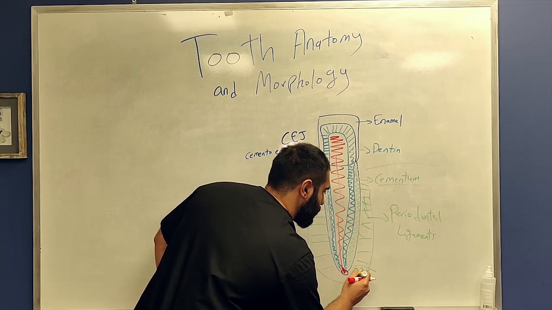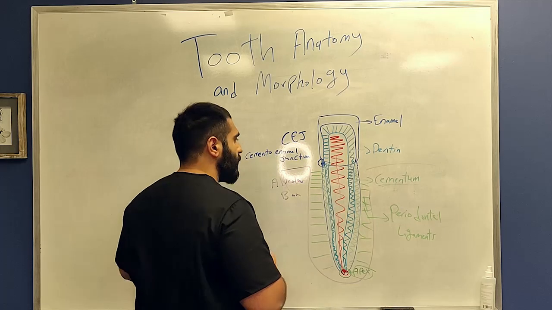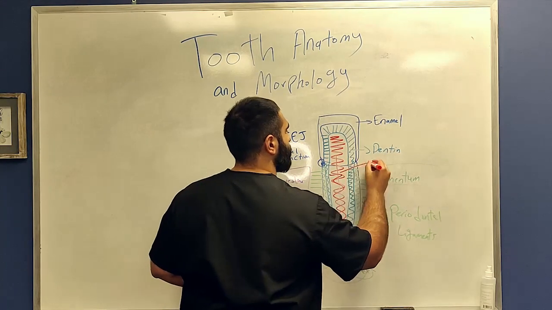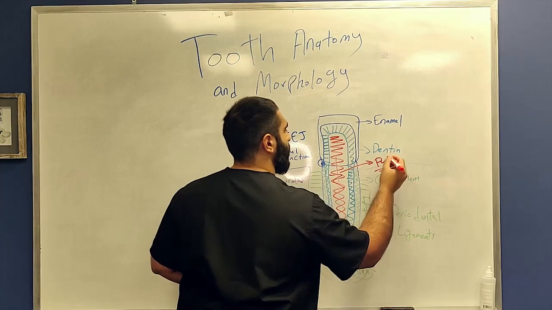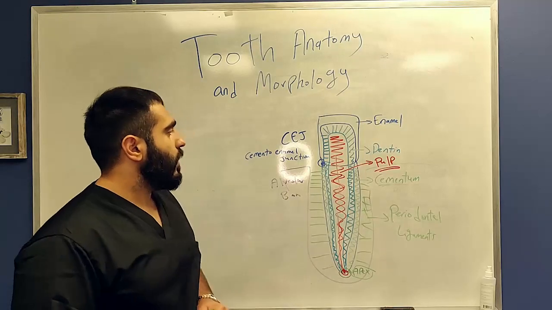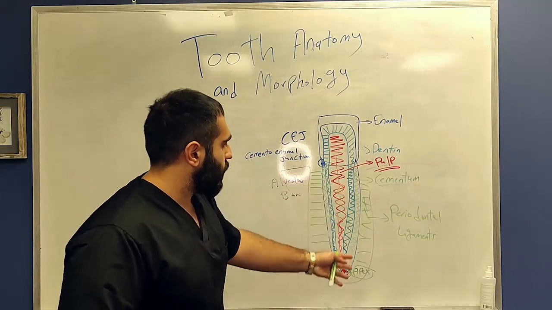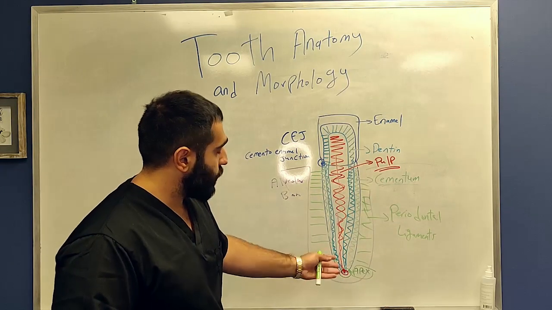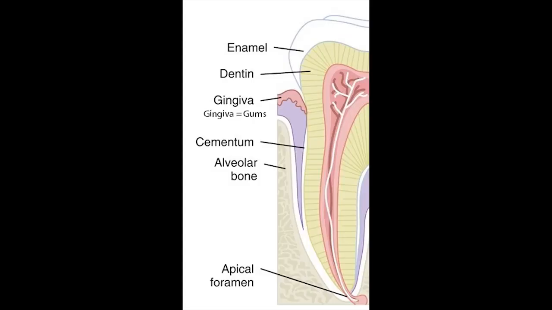The apex of the tooth, right here. And this layer here is called the pulp. Remember, pulp is the lifeline of the tooth, and it is what keeps the tooth alive. And the vessels and the nerves enter the tooth through this apex.